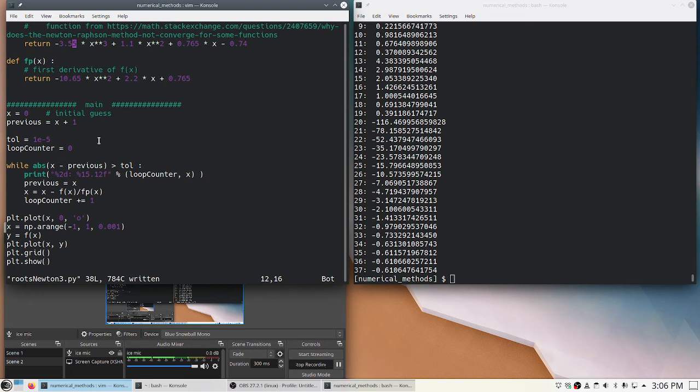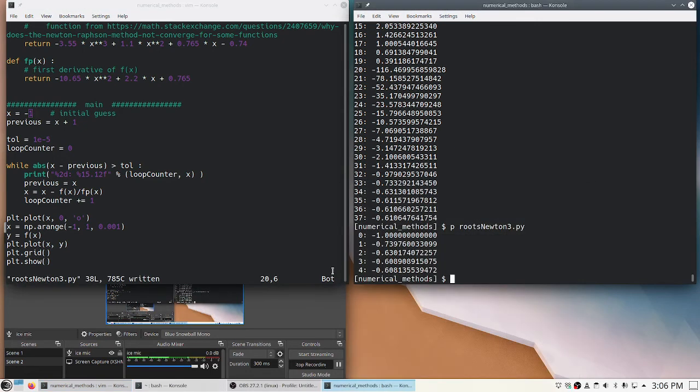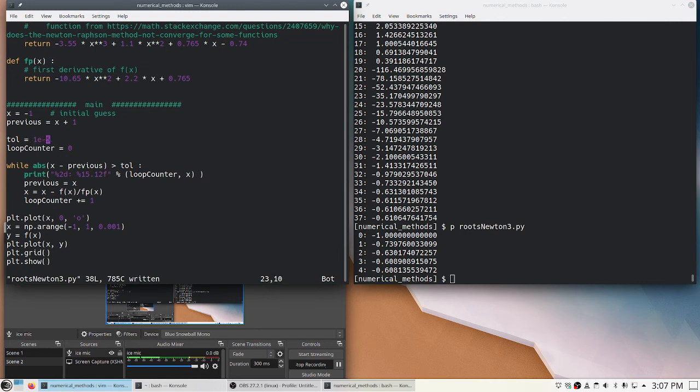But once again, if you have a good initial guess, like we did here, it doesn't take very many iterations to get to a good quality estimate. And this is just an estimate, right? If I let it keep going, if I change the tolerance, let's make it 10 to the negative 8, it will take more iterations, of course, because we're saying the difference between consecutive values has to be even smaller.